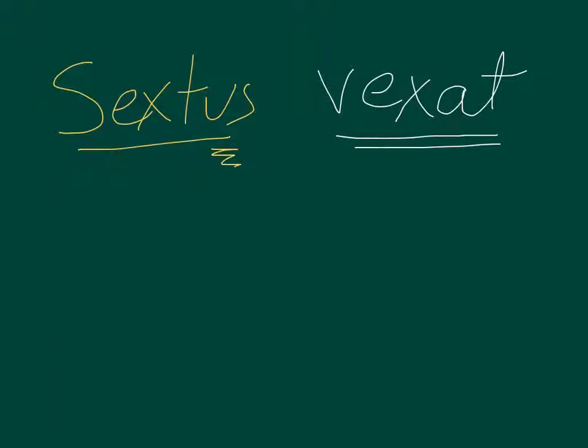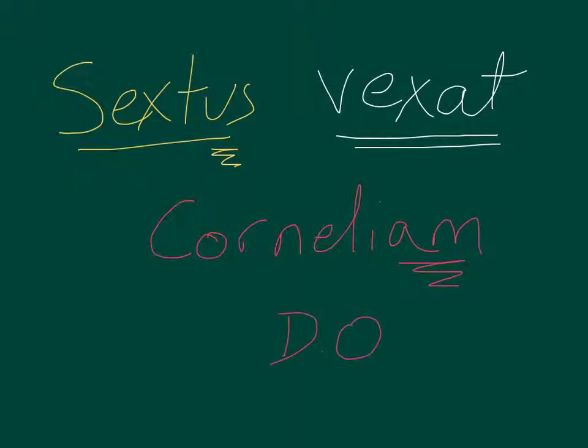Who is being annoyed by Sextus? And we could answer, oh, it's Cornelia. But we're not going to stop at just Cornelia. It's Corneliam. And that's because the AM is a direct object ending in Latin. So that's how we tell that Cornelia is the one who's being annoyed.